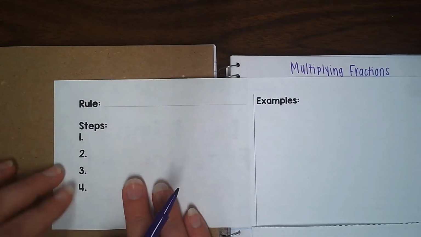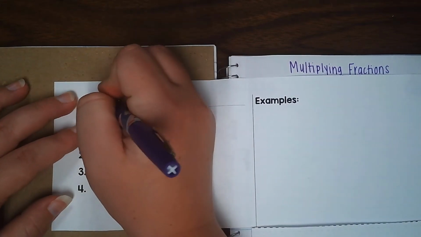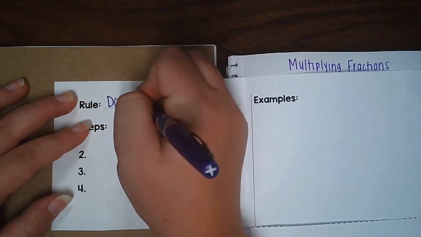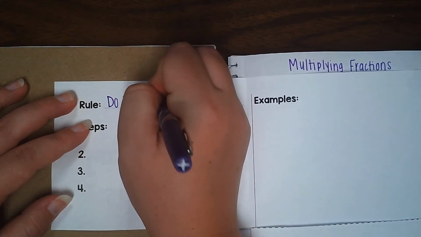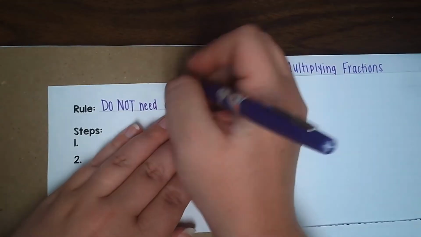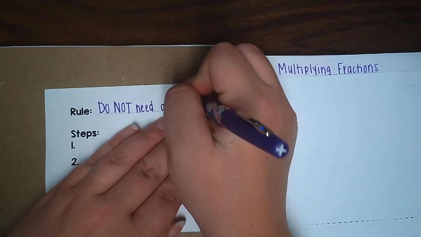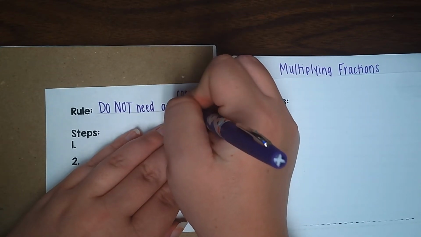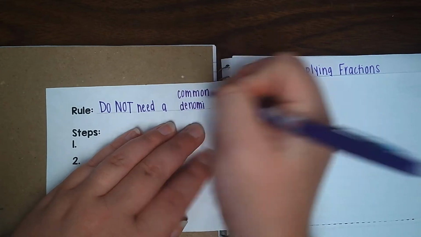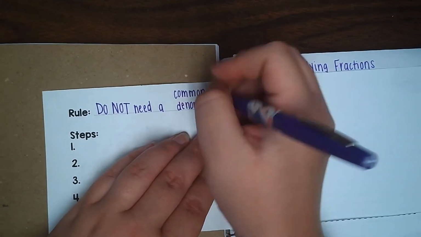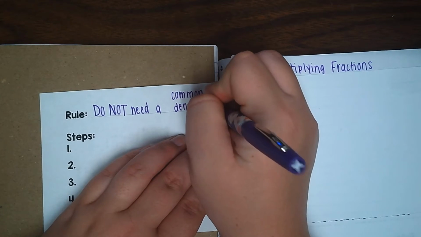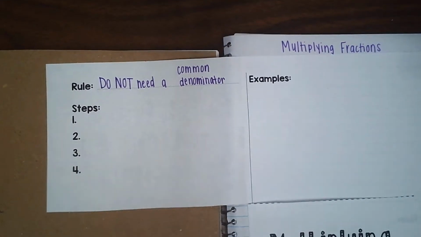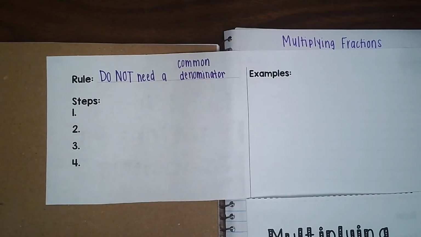So the rule for multiplying fractions is you do not need a common denominator.